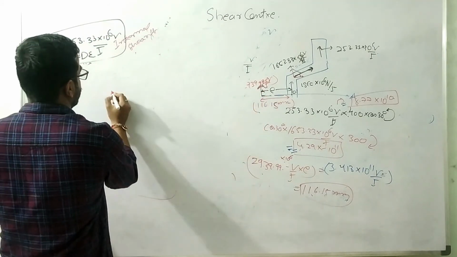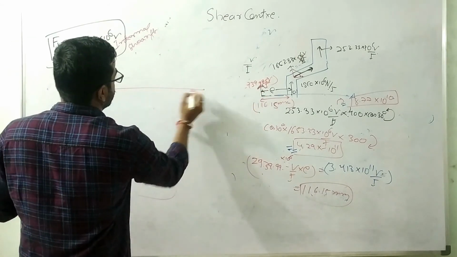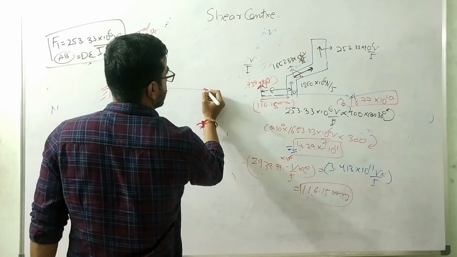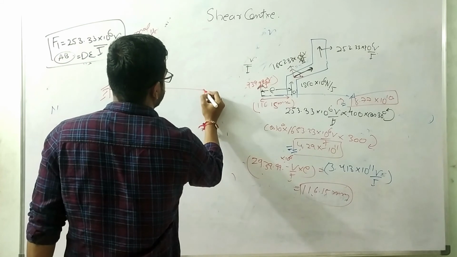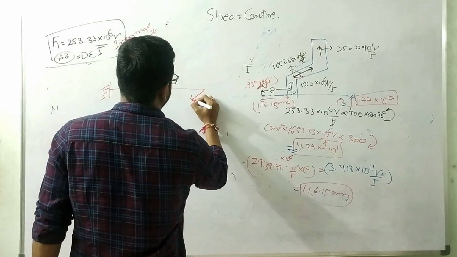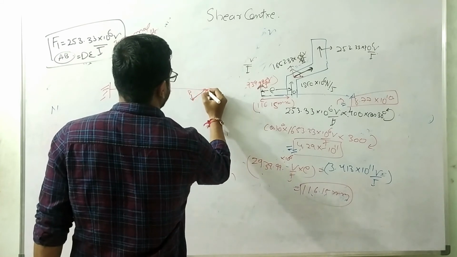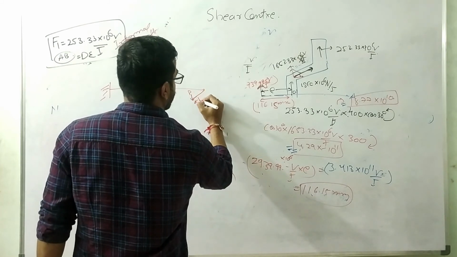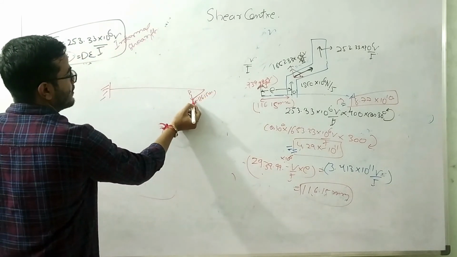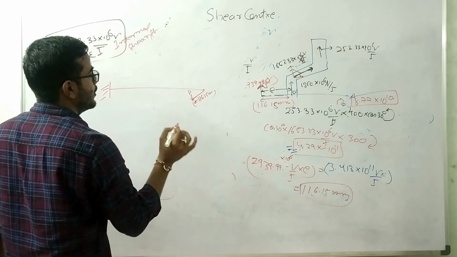Let us suppose this is a cantilever beam over here, and this is the cross section of the beam at this portion. At this location, the P load will act at a distance of 116.15 mm. If the load is acting at this point, there will be no twisting produced in this cross section.